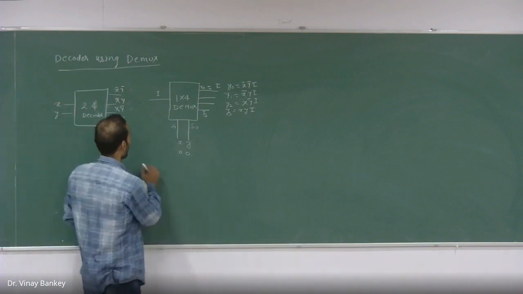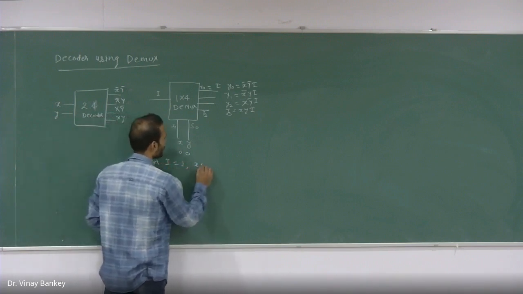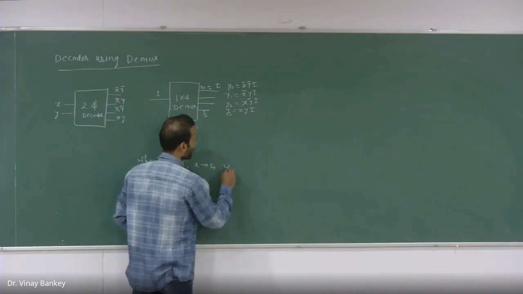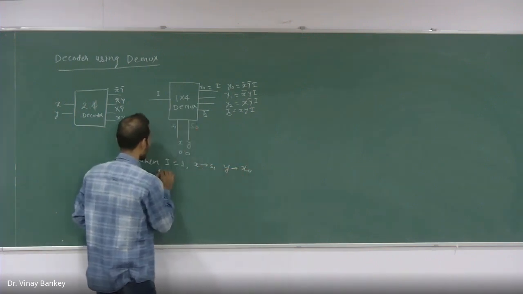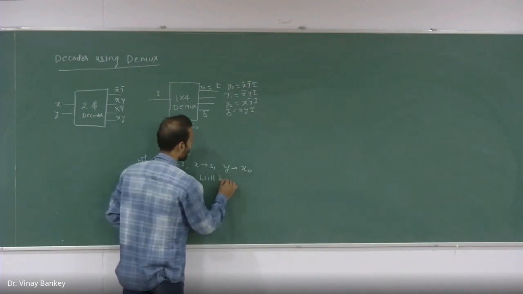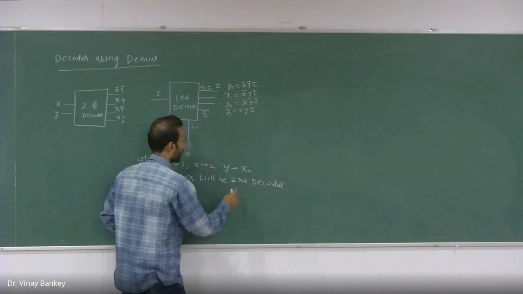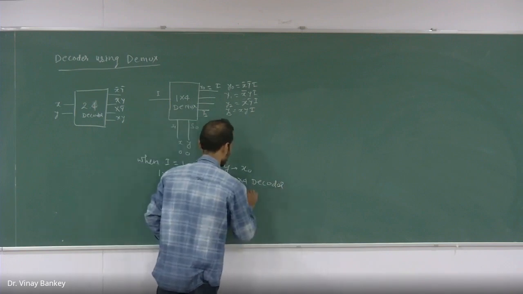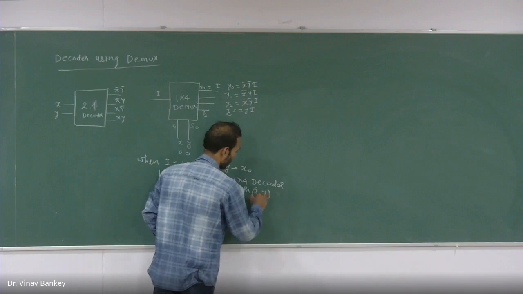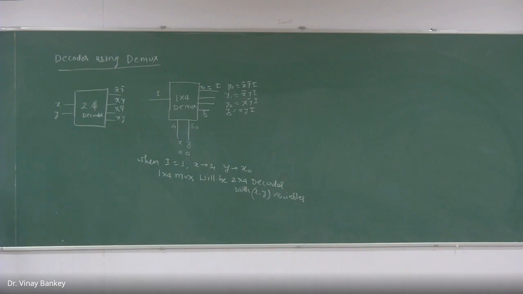Okay, so when I will be 1 and x is connected to S1 and y is connected to S0, the 1x4 De-Mux will be a 2x4 decoder with x and y variables. Okay, so this way you can implement a 3x8 decoder using a 1x8 demultiplexer.